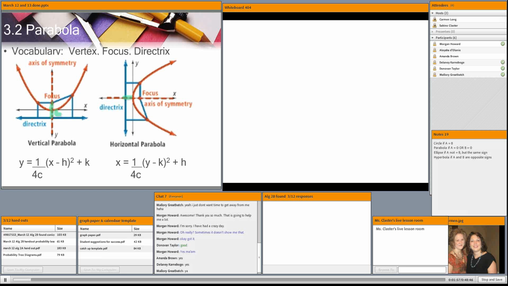Okay. The key to all the conic section problems is to draw a little picture. And when you draw a little picture, it all falls into place. And there's your formula. The x is the variable that is squared when it opens up or down. The y is the variable that's squared when it opens left or right. All right, any questions?